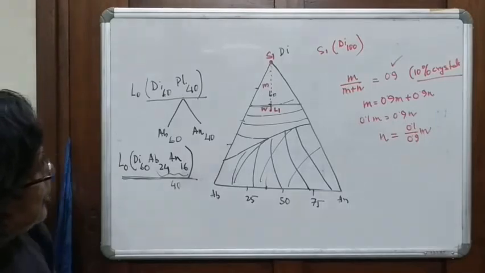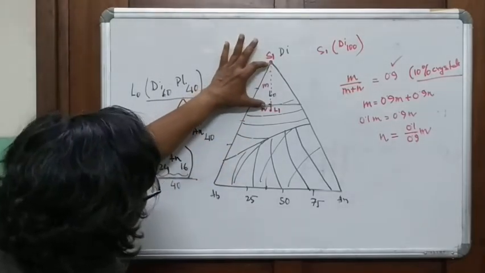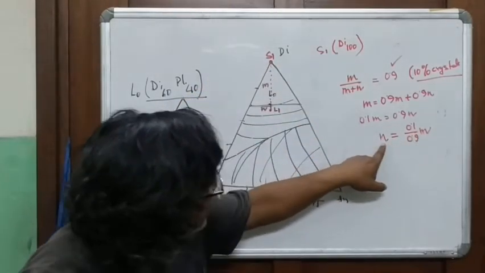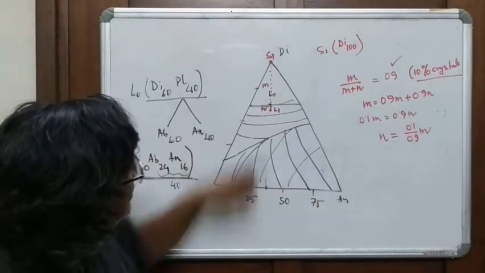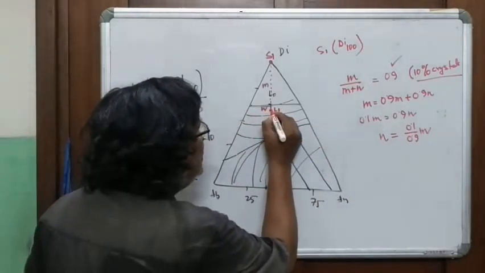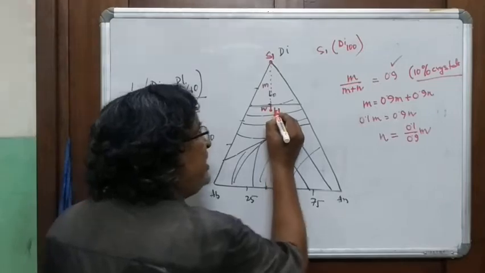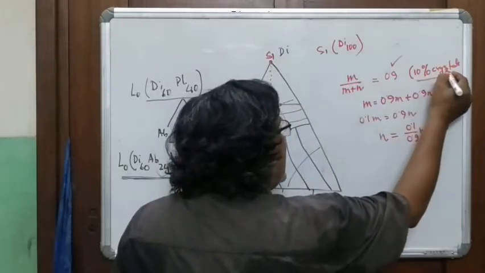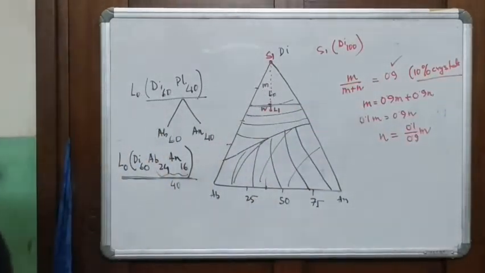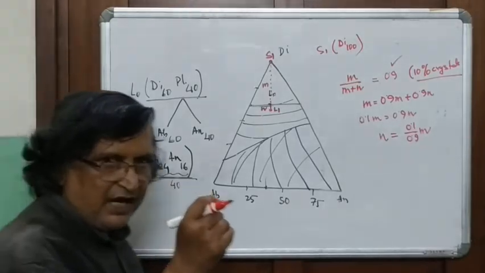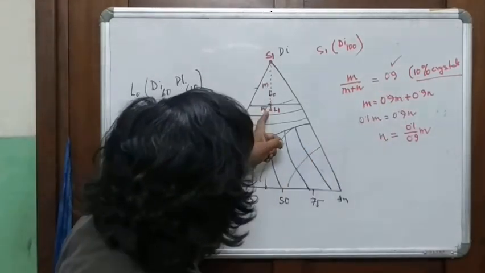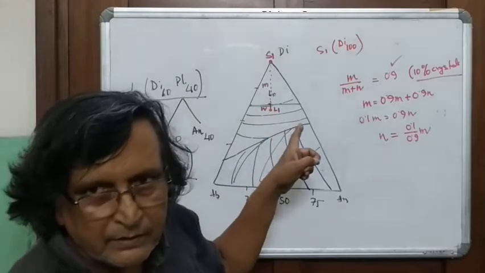Have you understood? So now, if you have a measure of M, you can multiply to find out the length N. So you can find out this L1 is the position if it is 10% crystallization. If it is 10% crystallization, then okay, this should be the point L1.